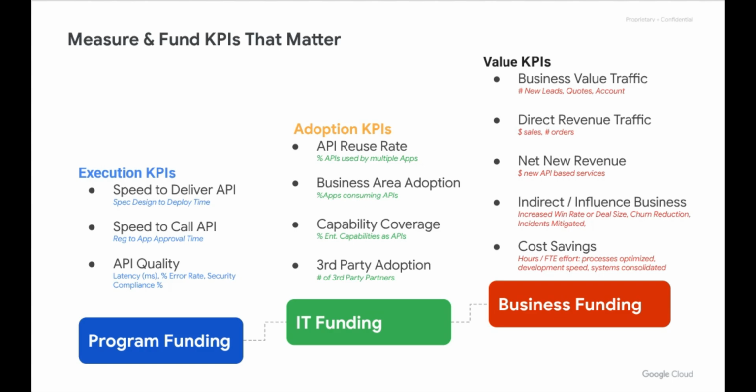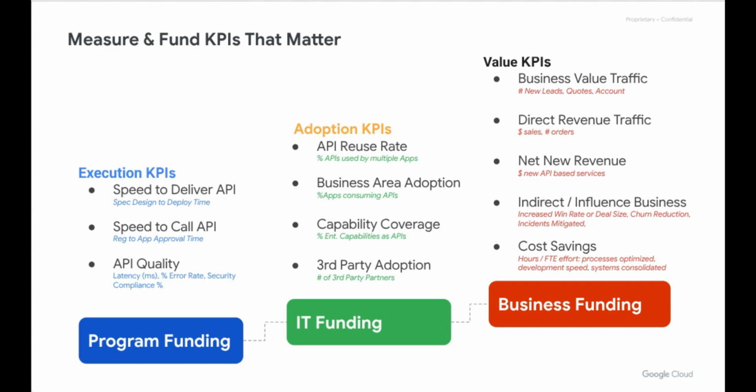So how quickly are we able to get APIs to market? How quick is it for a potential consumer of our API to be able to gain access and start utilizing our API? What's the quality of our APIs? So what does it look like from a latency perspective? How compliant is it with our security processes?